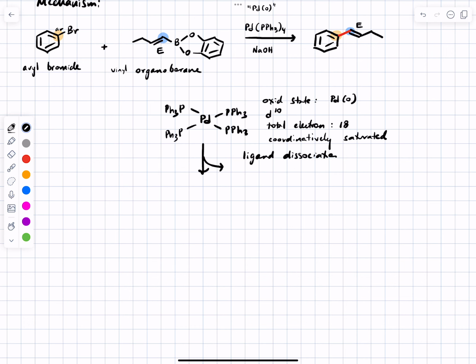In order for the catalyst to be active, 2 triphenylphosphine ligands must dissociate. I'm not showing that mechanistically. It would presumably just look like this. Phosphine leaves with its electrons. That doesn't change the oxidation state of the metal.